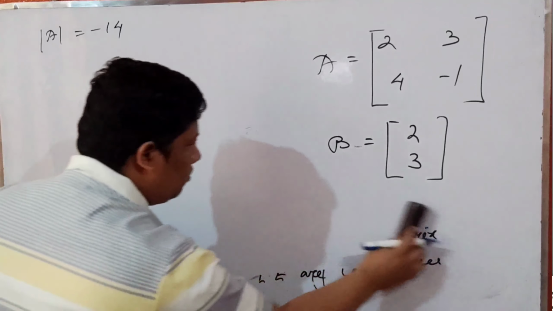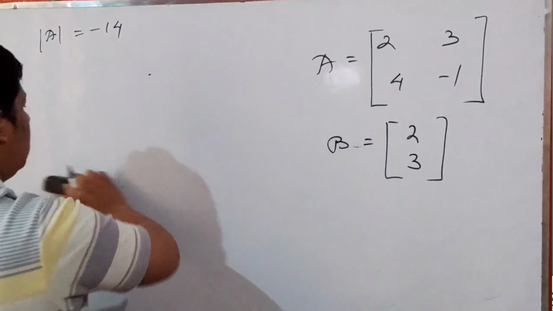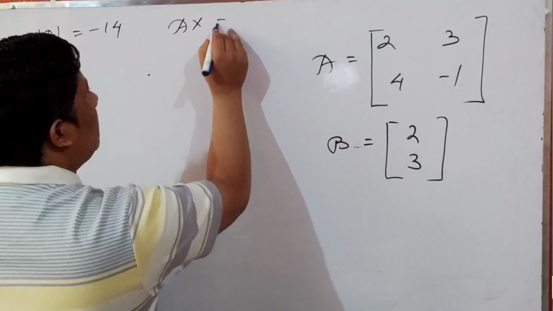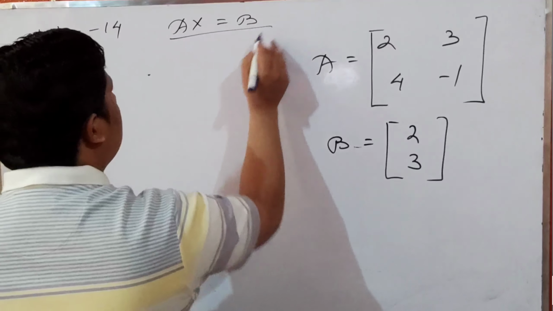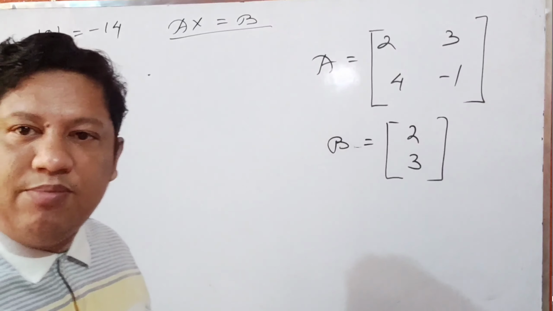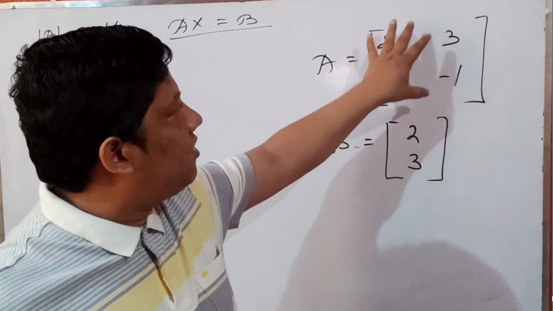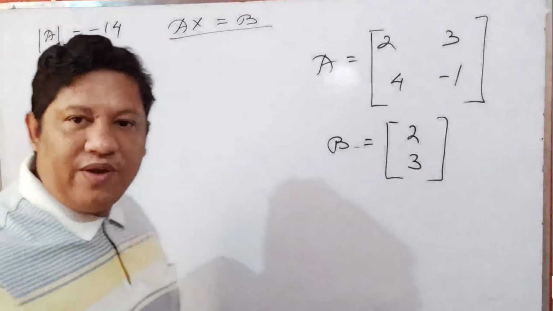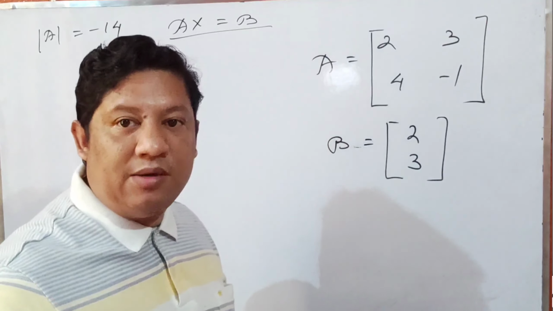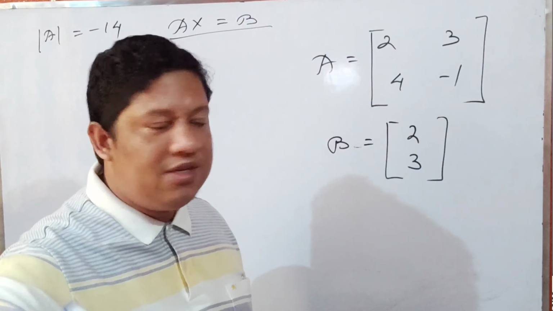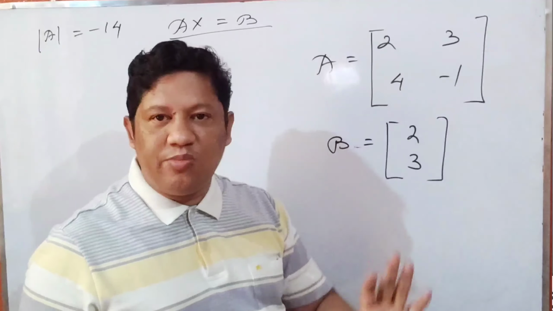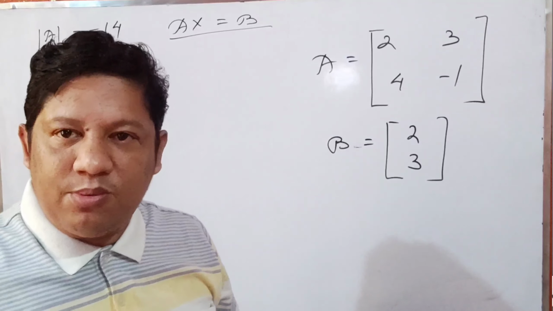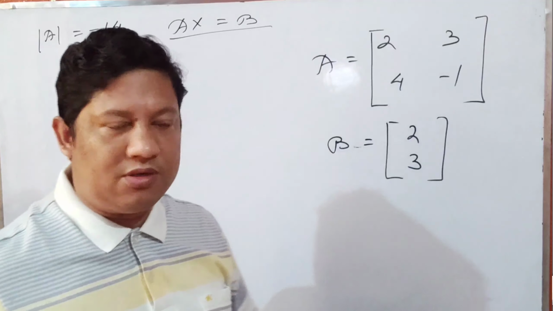Next, what can I do here? Always you have to do in this form: AX equal to B. Now you have to find the inverse of A. If you want to find the inverse, then at first you have to find the minor, cofactor and adjoint. In case of a 2 cross 2 matrix, I think you know how to find the inverse of a matrix by a simple method.